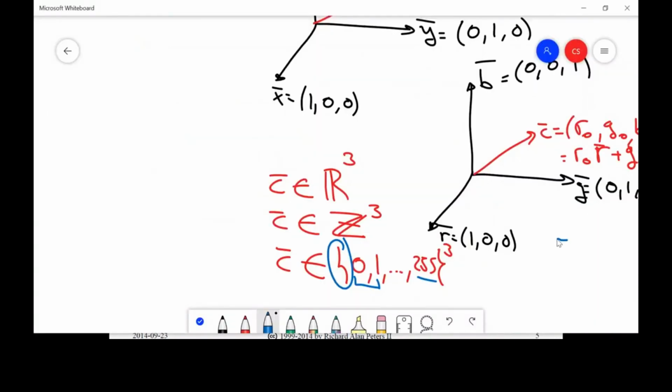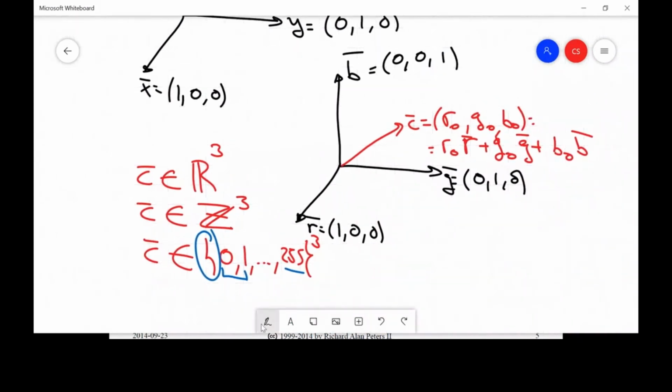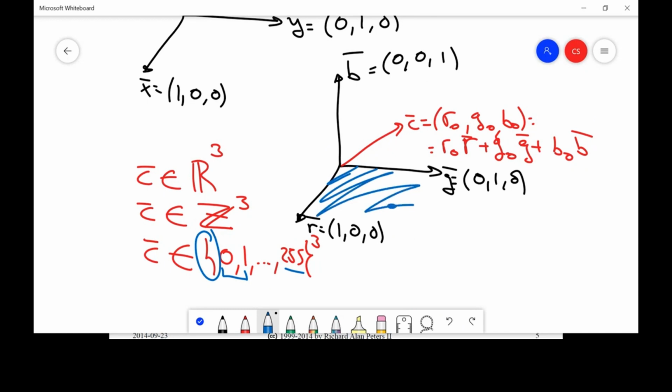For instance, any point in this plane has the following structure: it has R, G, and then 0, because it is on the RG plane. And then if you play with R and G, you have the colors that you have in the slide.